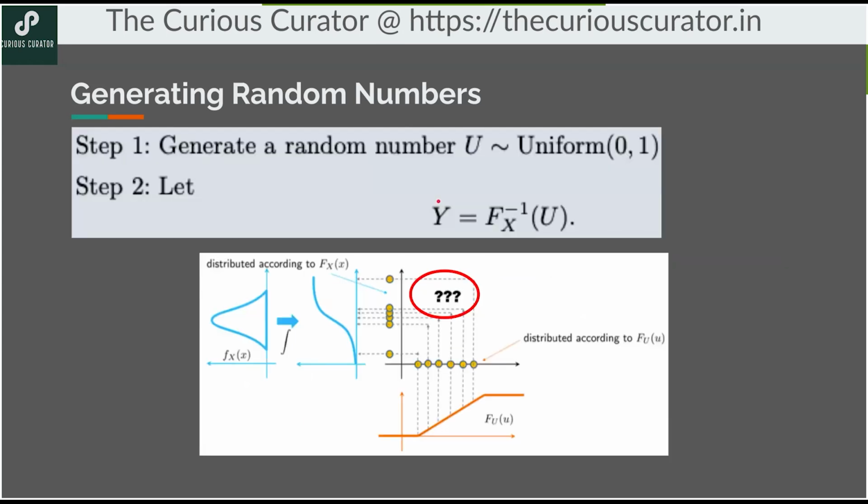That's one thing. Now, how do you generate a random number? The diagram remains the same. The unknown has changed. Earlier we had our input distribution, we knew our transformation, and we wanted to find the output distribution.